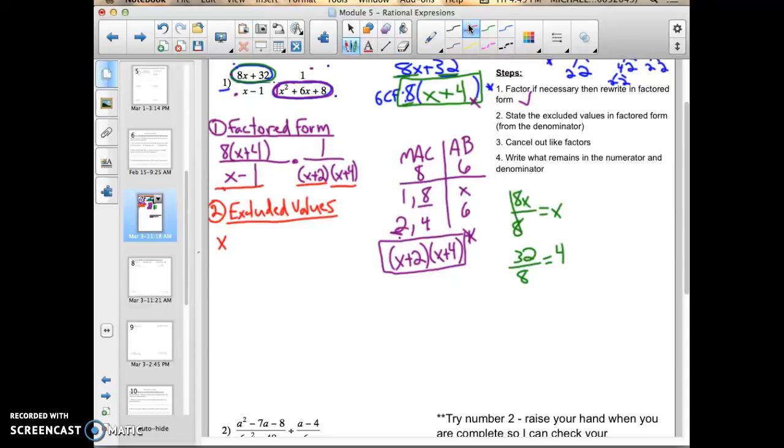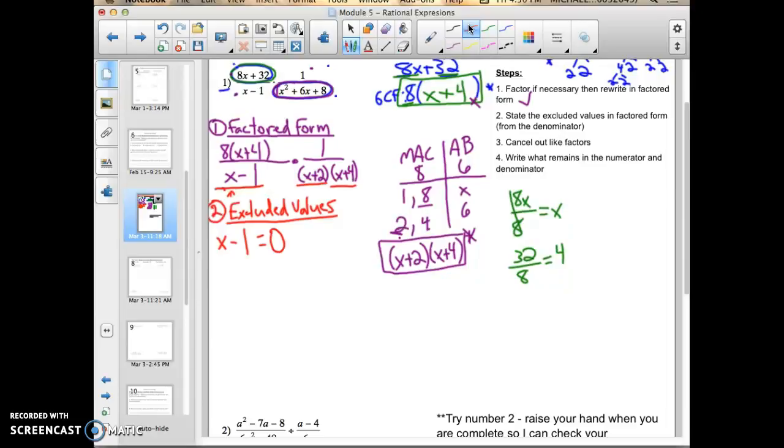Again, the thought process is I need to exclude a number that makes the denominator 0. So there's 2 ways you can think about it. What number can I put in for this x here to make that factor 0? Whatever number that is, I can't include it because if you have 0 in the denominator, it makes this rational expression multiplication problem not work. So I can set x minus 1 equal to 0.